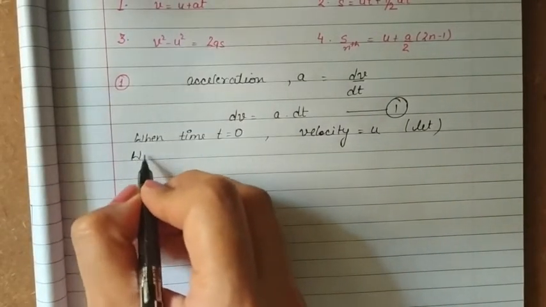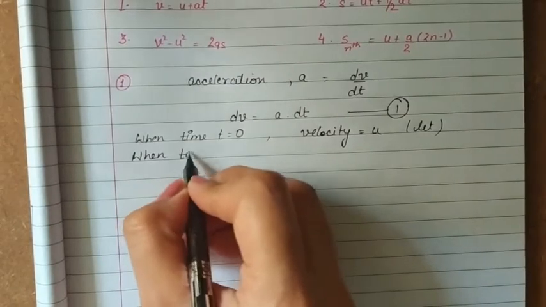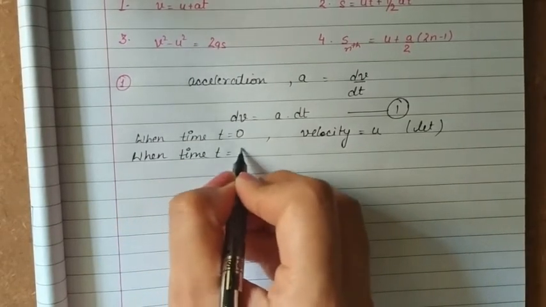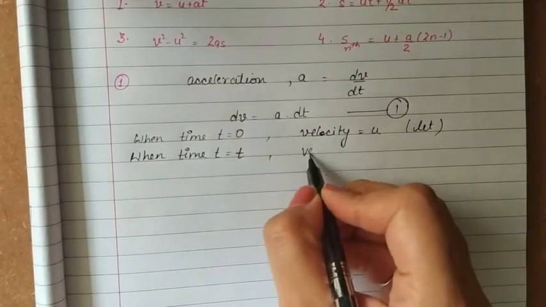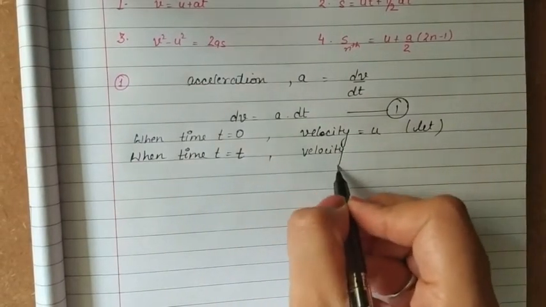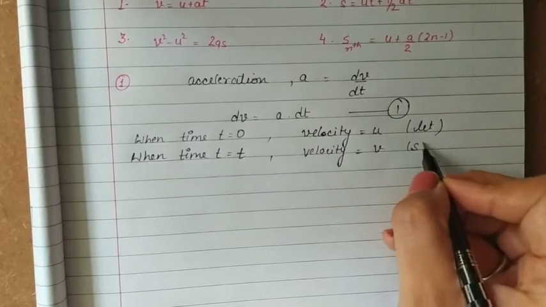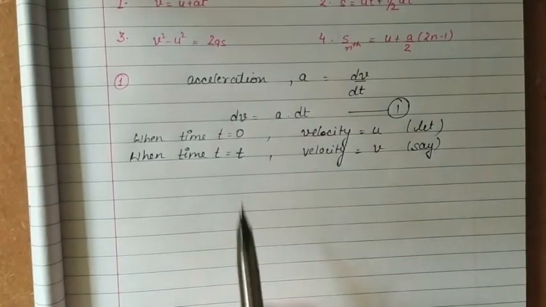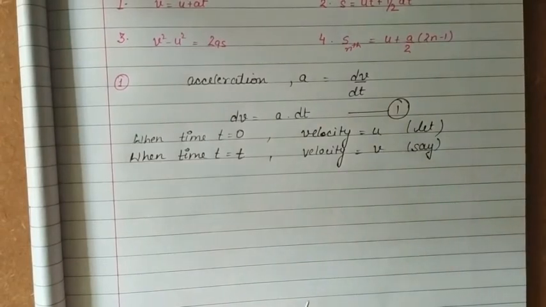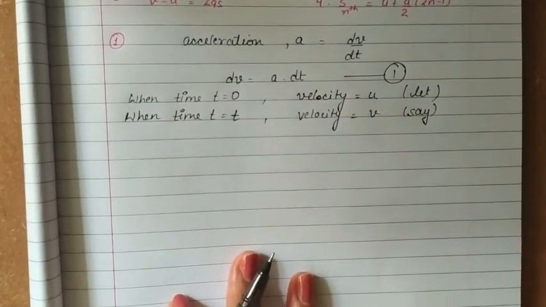And when time t is equal to t, I am letting it as the time t, the velocity or the final velocity will be v. So these are the situations when the body is traveling. So initially it has velocity u, and after time t it has velocity v.